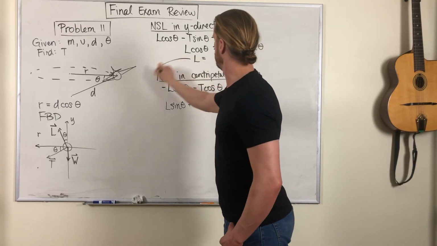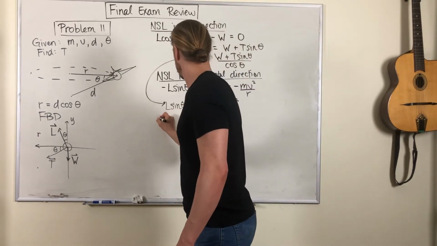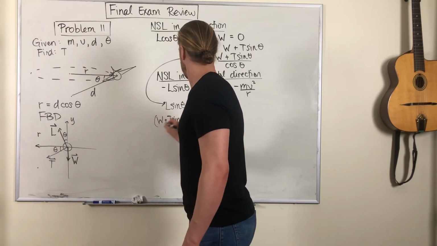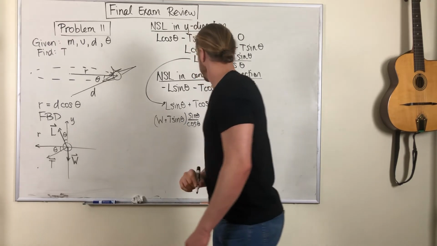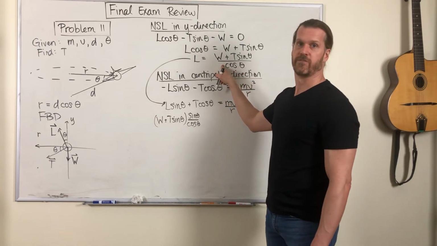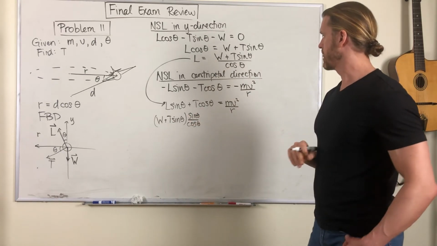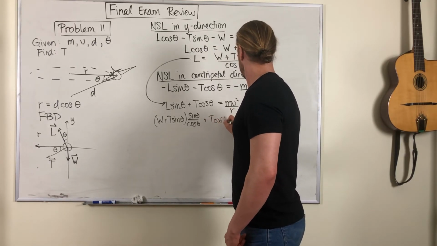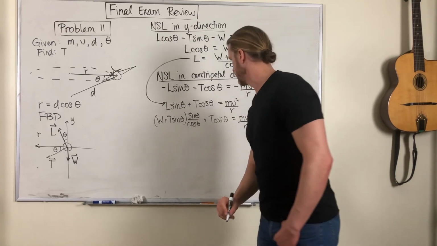Now I'm going to substitute here this thing for L. Remember, that's divided by cosine, so I just extracted that sine over cosine part out. Plus T cos theta equals m v squared over r.